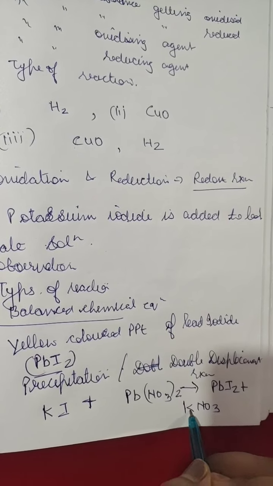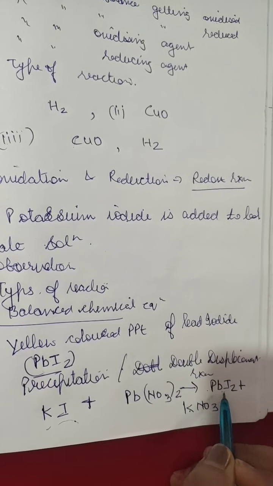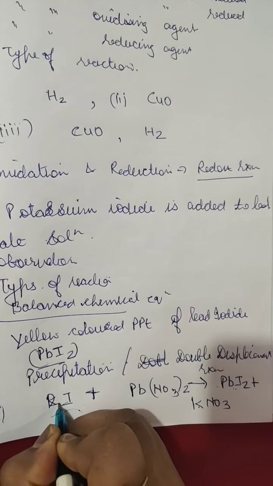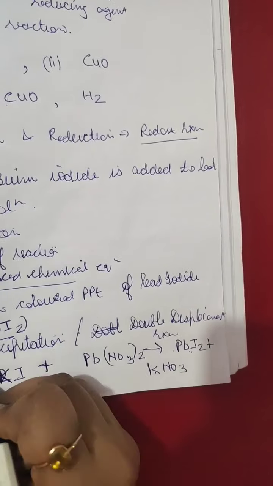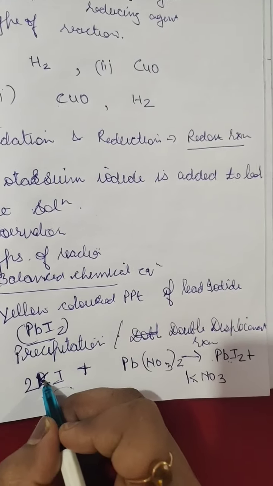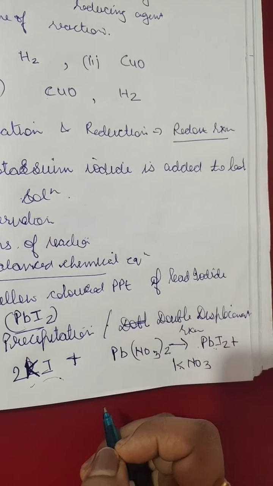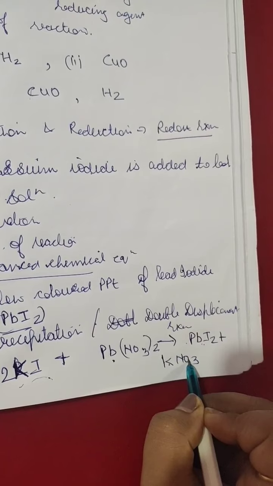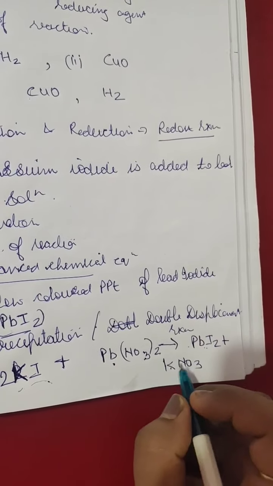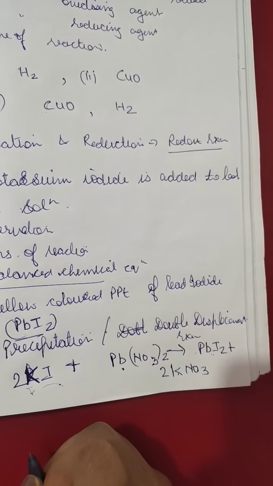So it's K, potassium 1, but here iodine is 2, so we will write 2 here. Okay, so it's 2 KI, then lead nitrate, so it's NO3 whole twice, so we write 2 here because here is also potassium 2.